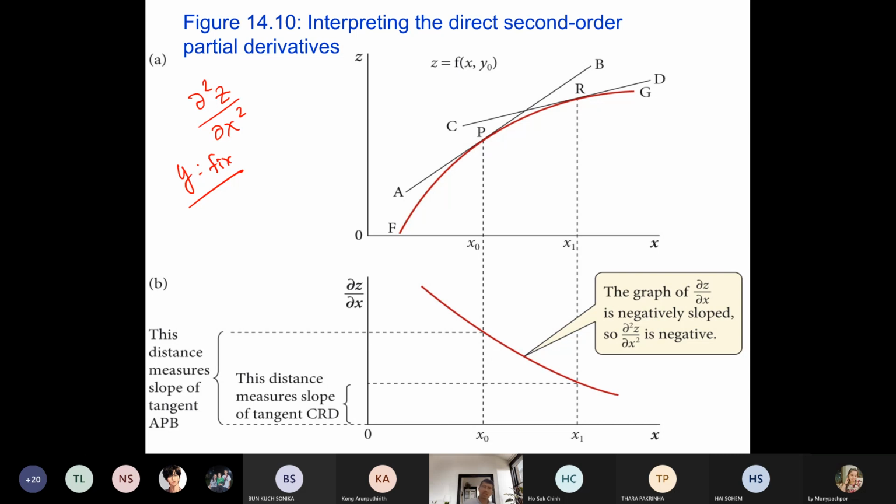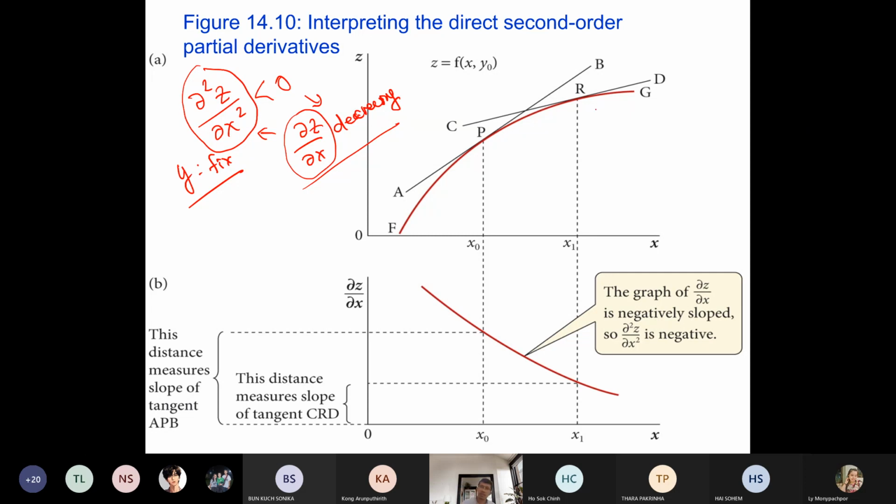Just like if you see that the slope is negative, the second derivative is negative, what can you say? It is decreasing, because if you treat this as a function and this is its derivative, and its derivative is negative, the function is decreasing, right?